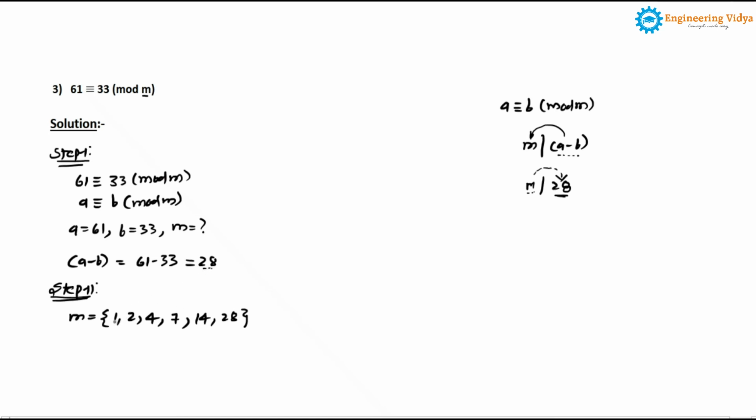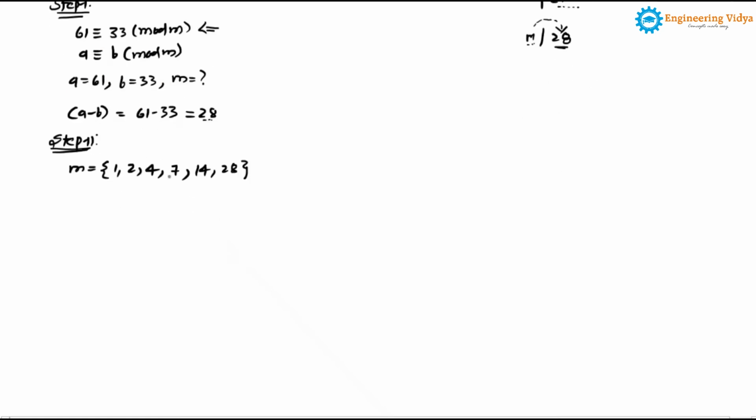And if you want to check, you can put all those values in the given congruence, and it will balance everything. Now see problem number 4. Here they have given 171 congruent to 111 mod m. The rule is very simple.